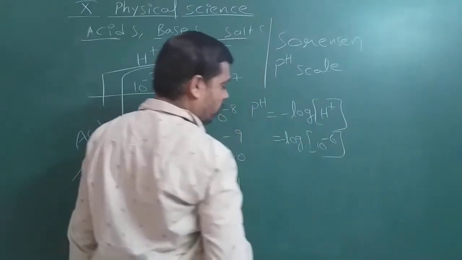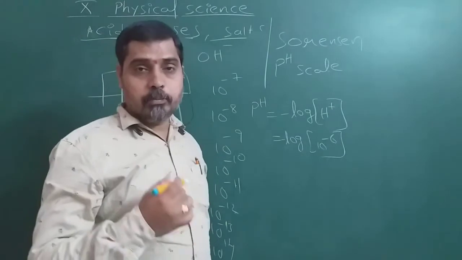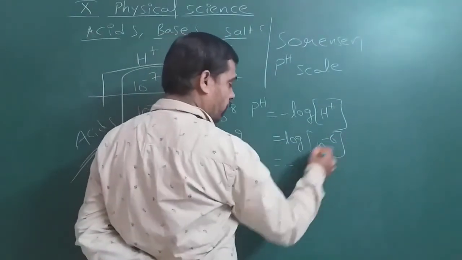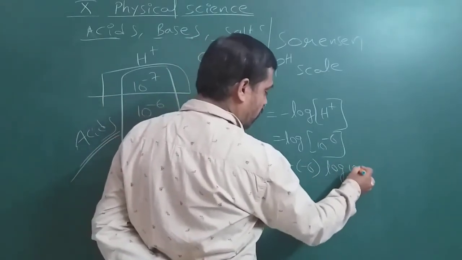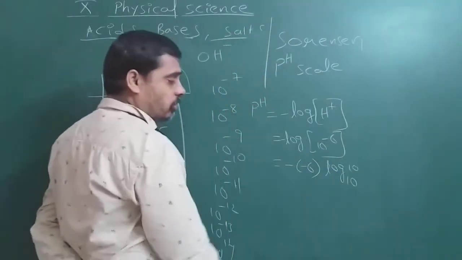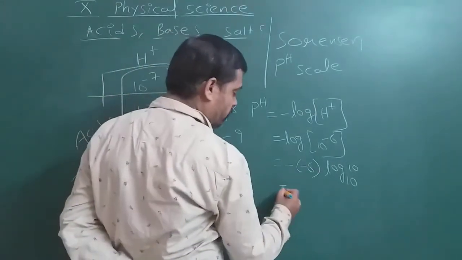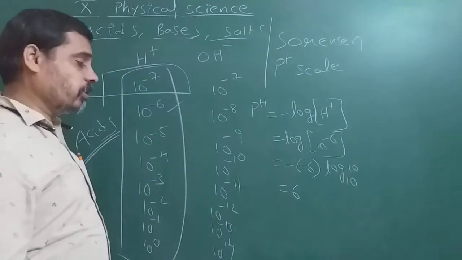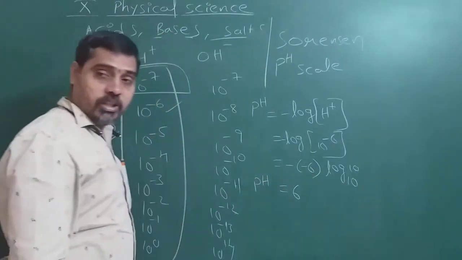It is in the form of log a power m, which equals m log a. So we get minus of minus 6 log 10 base 10. Now log 10 base 10 is equal to 1. So minus into minus 6: if the H plus ion concentration is 10 power minus 6, the pH value will be 6.